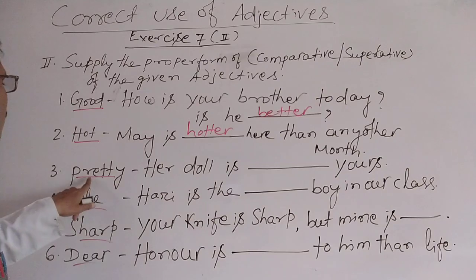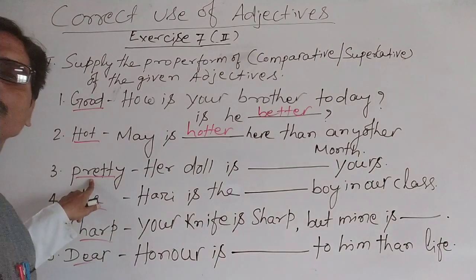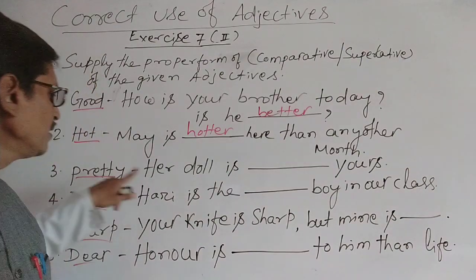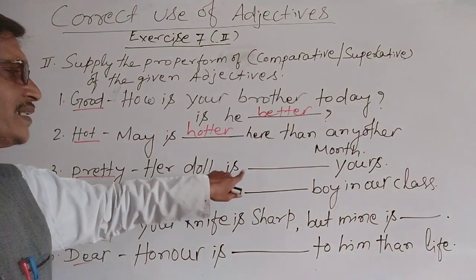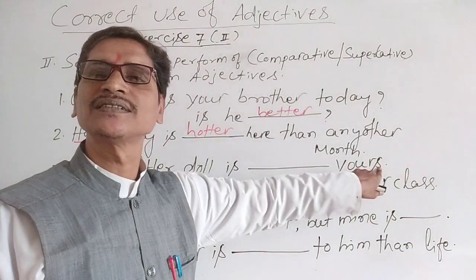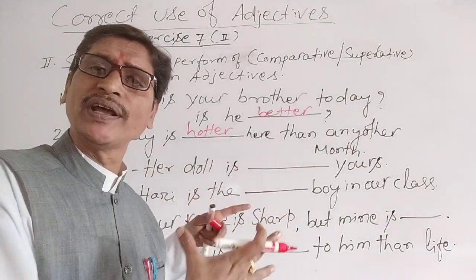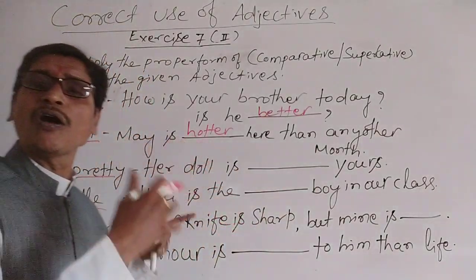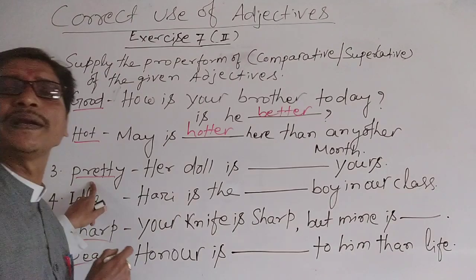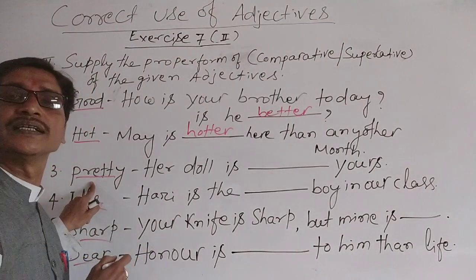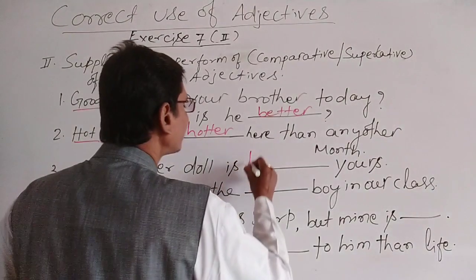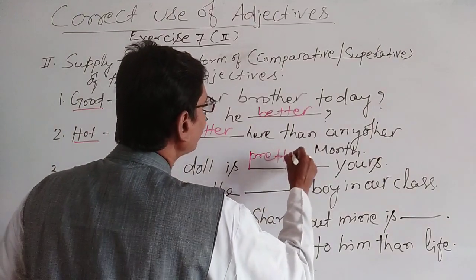Also, in number 3, the adjective given is pretty. Her doll is dash yours. Your doll and her doll are being compared, so we have to use the comparative degree of the given adjective: prettier.